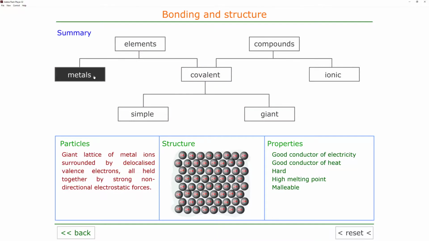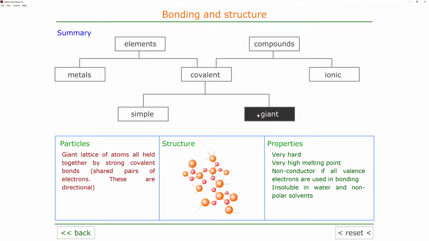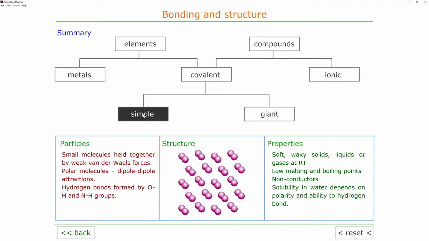Metallic structures are giant lattices, with metal ions surrounded by delocalized valence electrons. In covalent structures the smallest particles are molecules, usually soft, volatile materials, but we may get giant covalent structures, and giant covalent structures have very different properties to simple covalent structures.